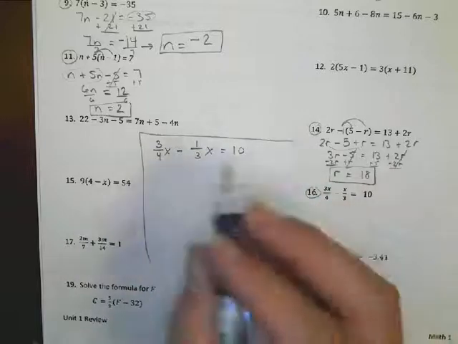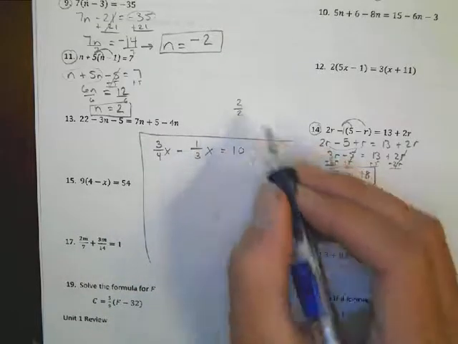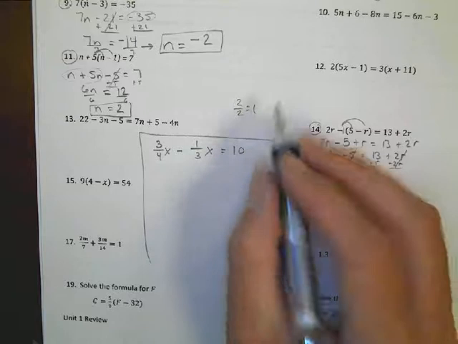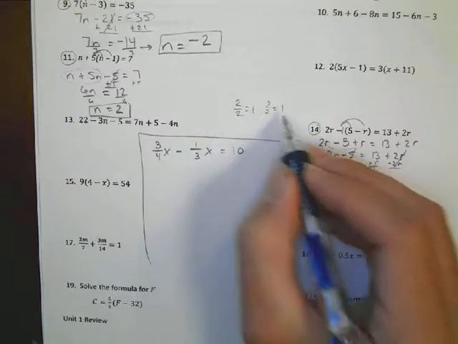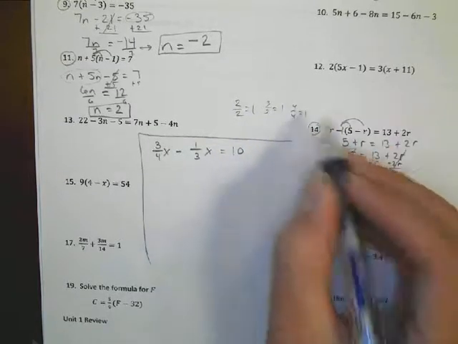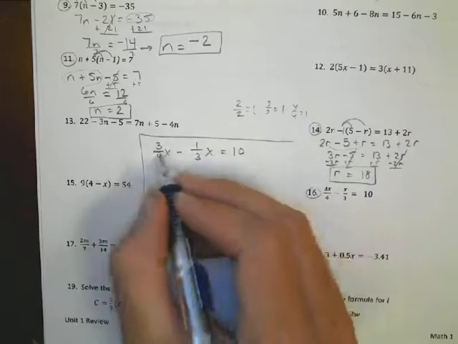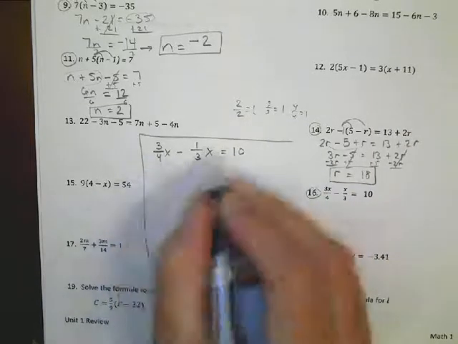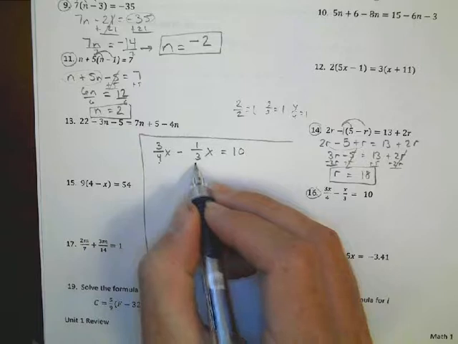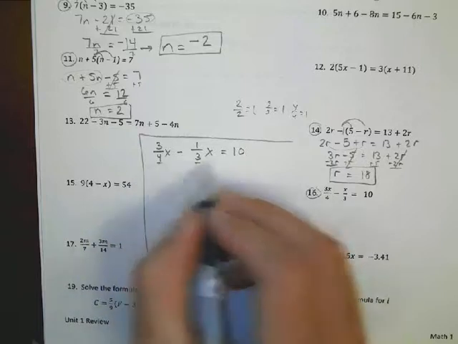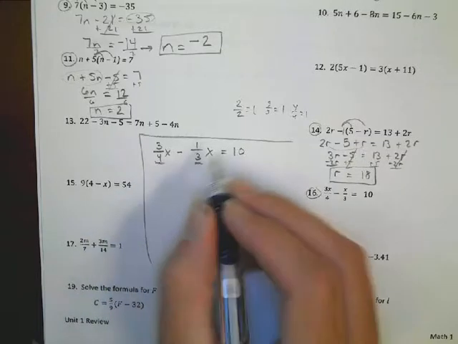Now recall, I can multiply any number times 1 and it's still the same number that it was. And any number could be something like 2 over 2, and that is still equal to 1. Just like 3 over 3 is still equal to 1, and 4 over 4 is still equal to 1. So for this first one here, in order to combine my like terms, I need a common denominator. I have a 3 and a 4, so I can't work with those very well, can I?